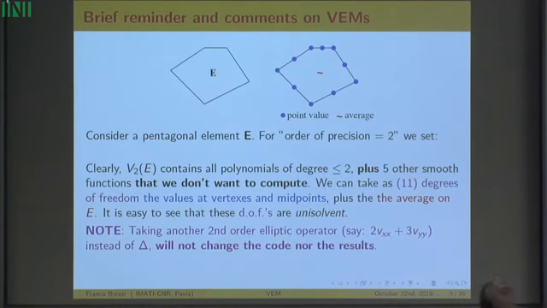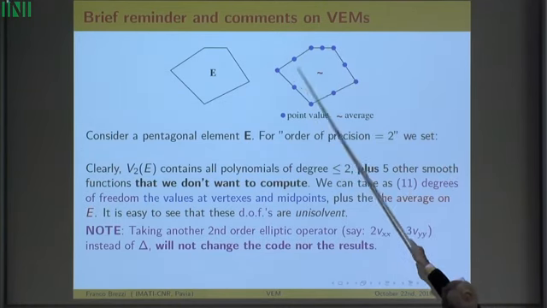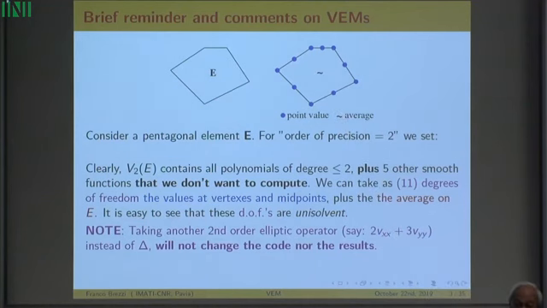And of course, if you take all polynomials of degree 2, there are 6. And if you want this element to connect to neighboring elements, you need to prescribe the value at each edge in order to assure the continuity.